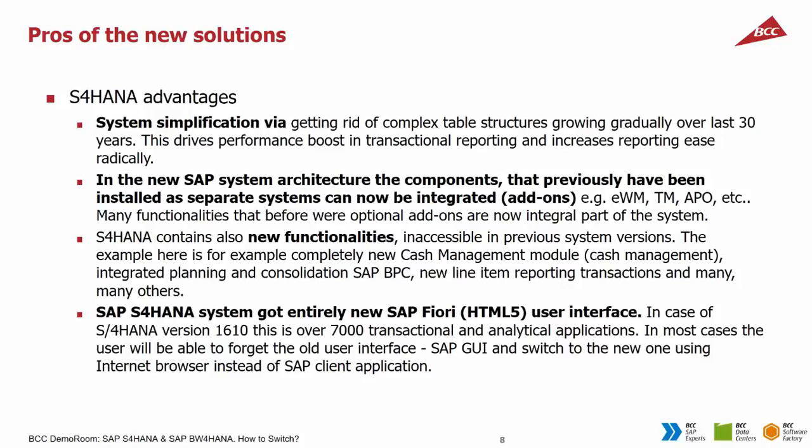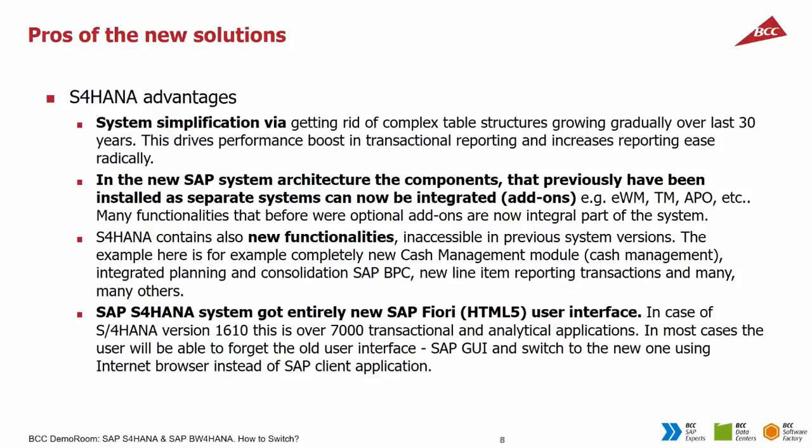So, for example, reporting with SQL queries on the standard SAP system was almost impossible because the data structure was so complex, and the data was also preserved redundantly. For example, there were separate tables for line items and for summarized data.